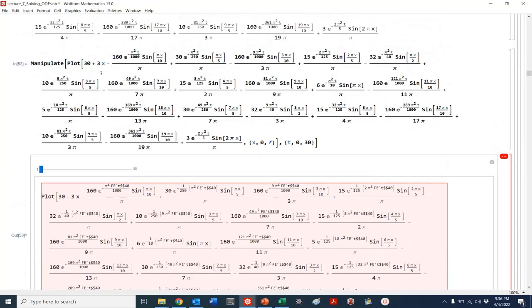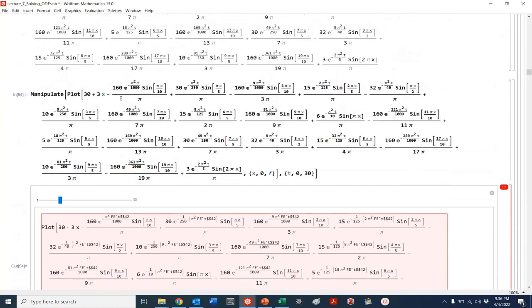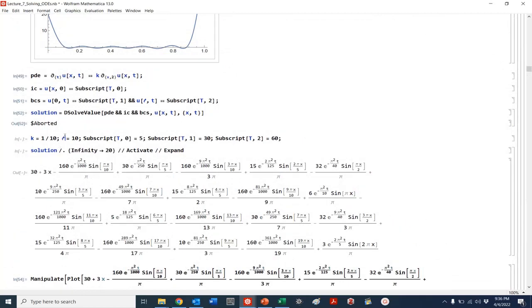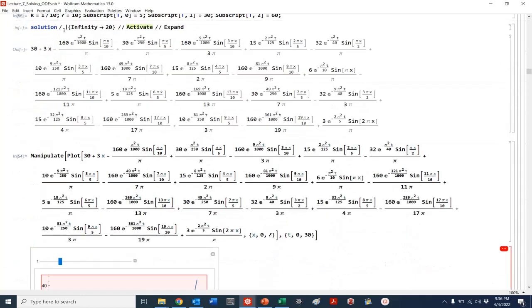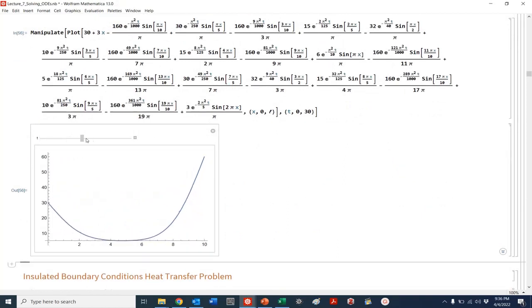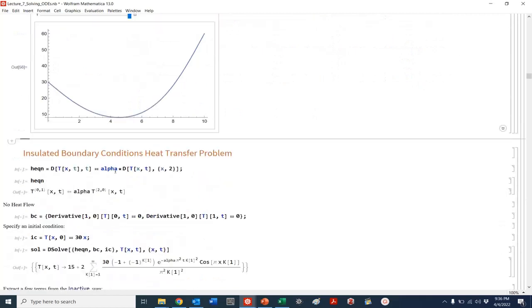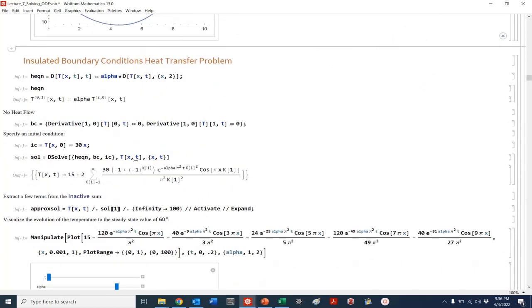If I look at my solution here, oops, it does not like that because I need to give it these values. Let me look at this. And now I can show you that same type of solution, but with some different boundary conditions initially.